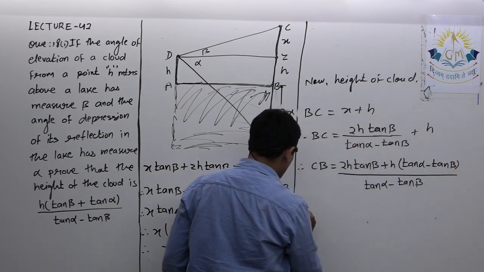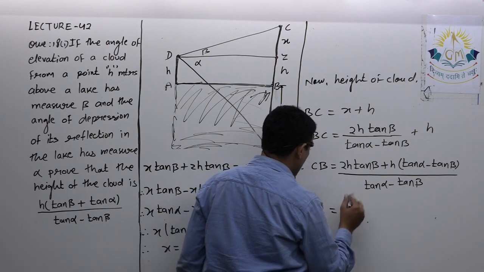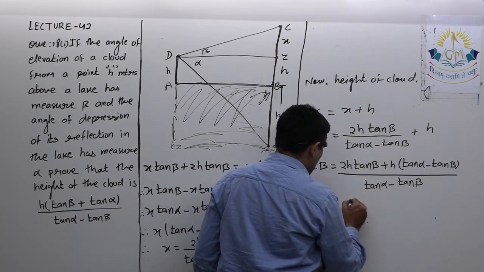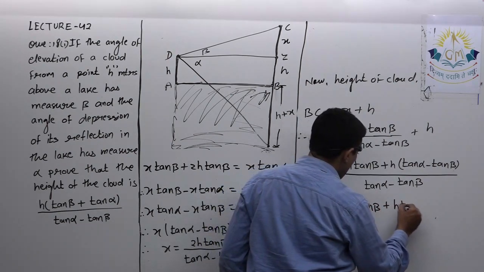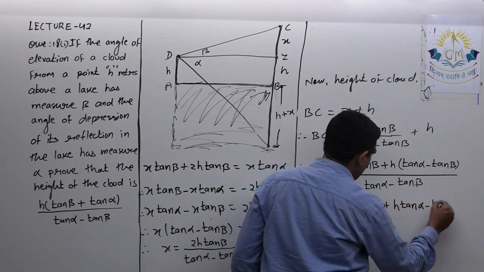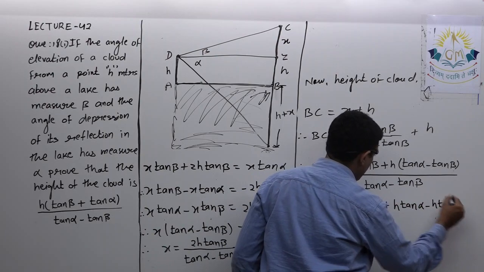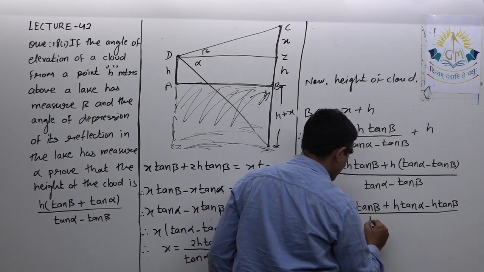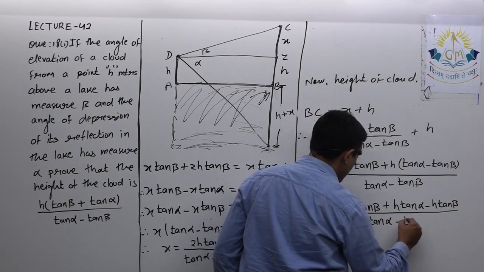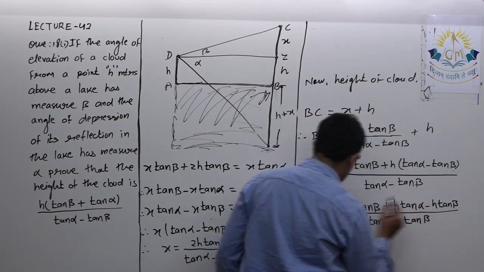Okay, now if I open the bracket, I will get CB is equal to 2h tan beta plus h tan alpha minus h tan beta, divided by tan alpha minus tan beta.